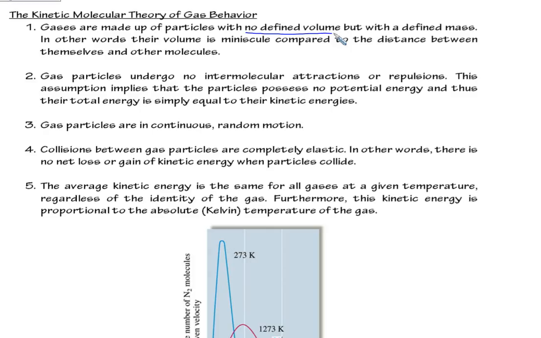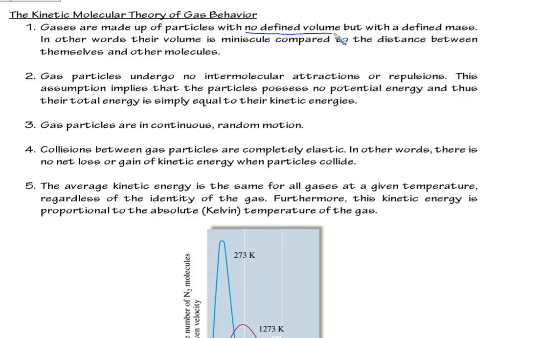But here's what they're referring to. In a sample of gas, the particles themselves are really far apart, and the gas particles themselves are ridiculously tiny. I might have a balloon with a sample of gas particles in that balloon, but they are so small that there's a very significant distance between the gas particles.